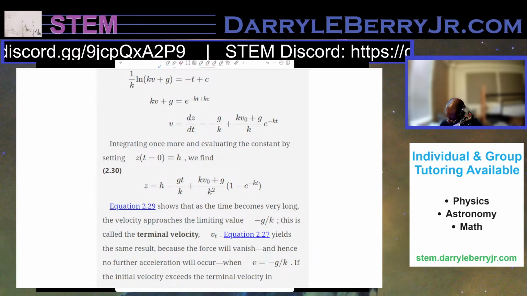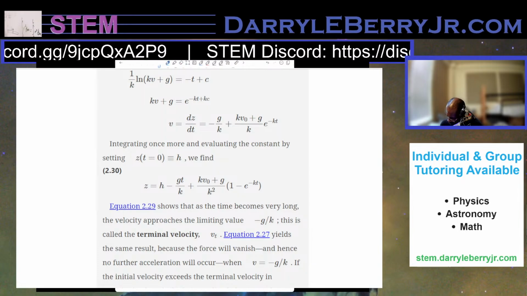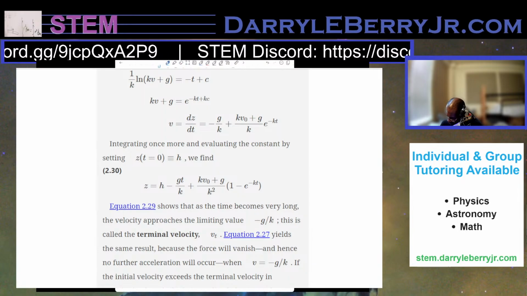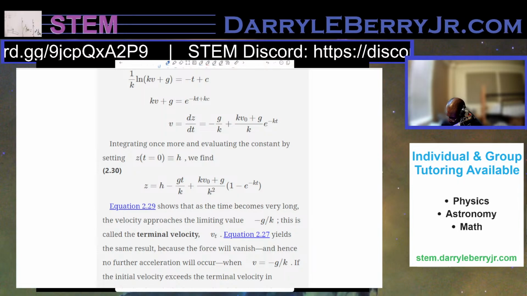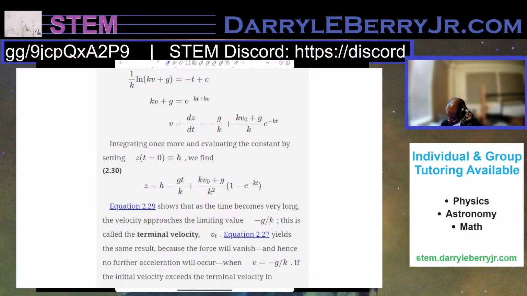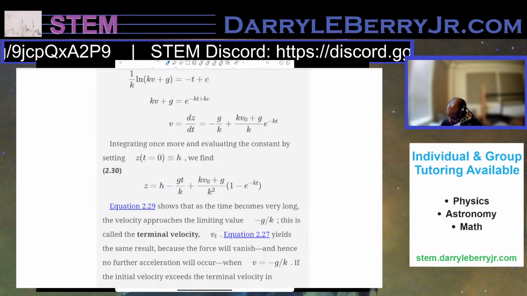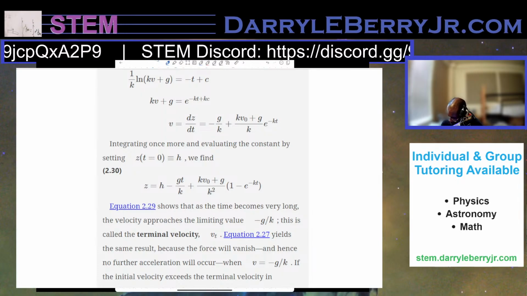Zero in the exponential leaves us (g minus v0 k) over k squared plus cx. So h minus (g minus v0 k) over k squared equals cx.